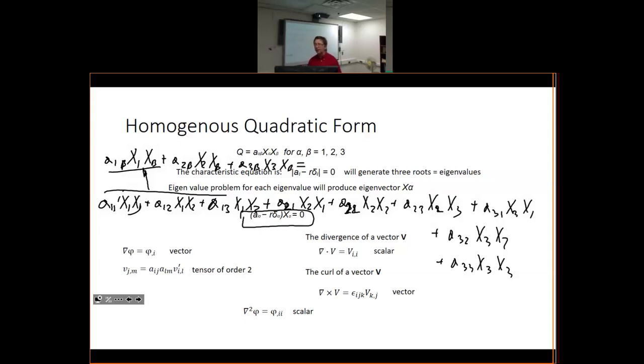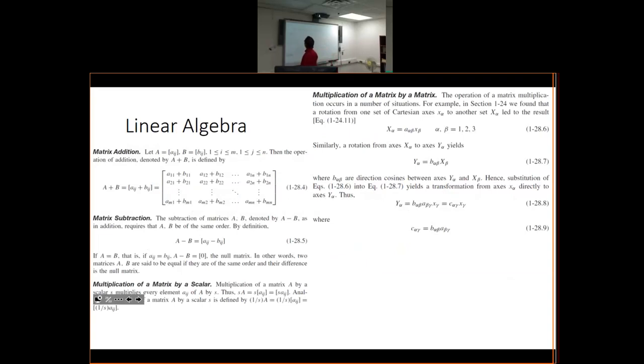Only 2 of 3 are independent. And we will solve some of those problems later, and we'll be able to use that to find the principal directions and principal stresses and principal strains and principal moments of inertia.